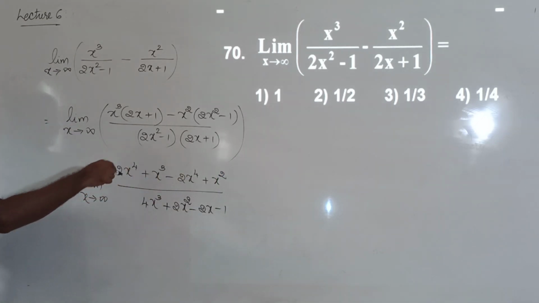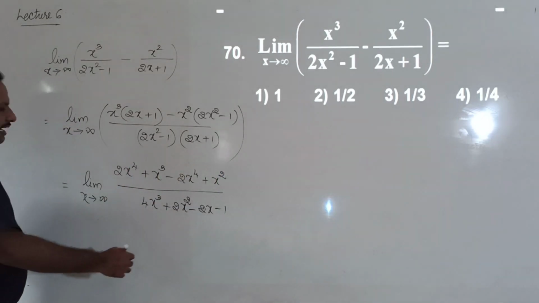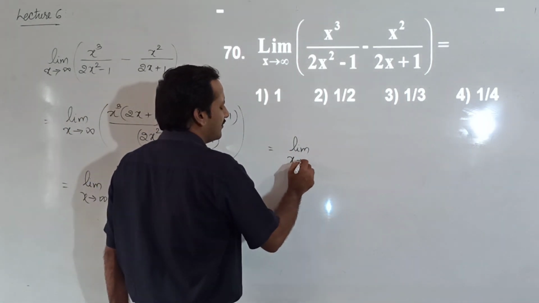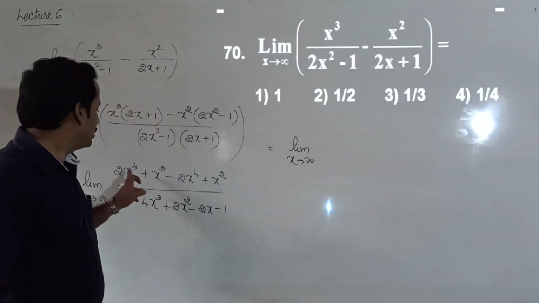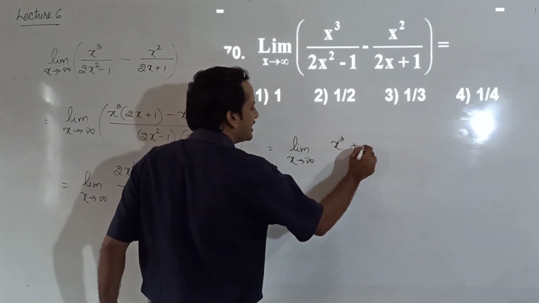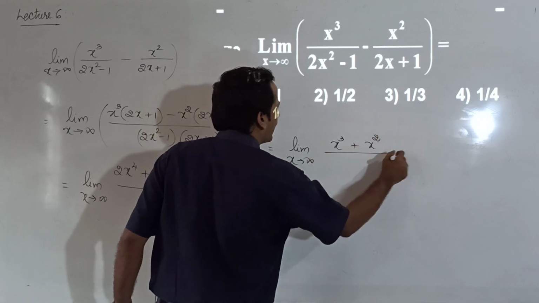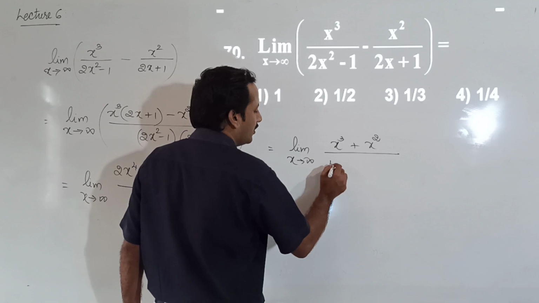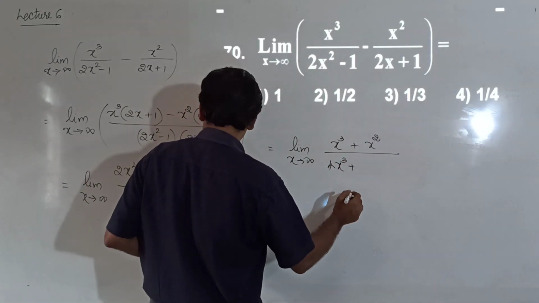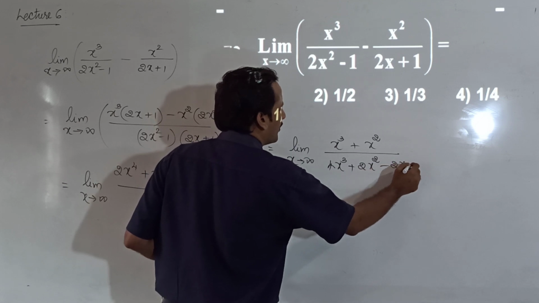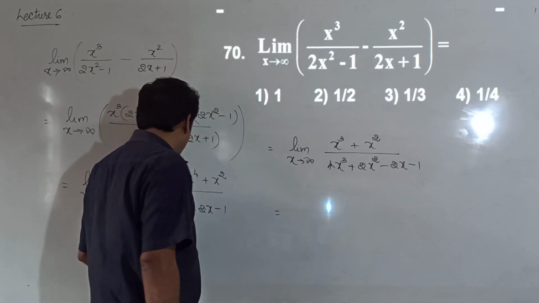So this 2x power 4 gets cancelled. We are left with limit x tends to infinity x cube plus x square, and the denominator is 4x cube plus 2x square minus 2x minus 1.